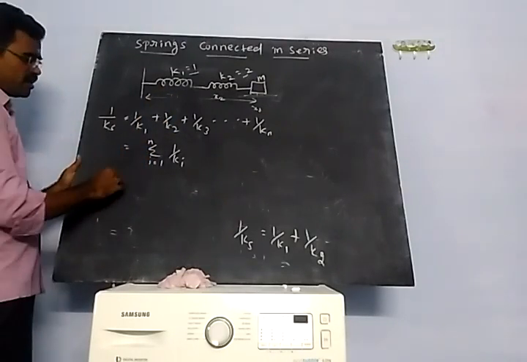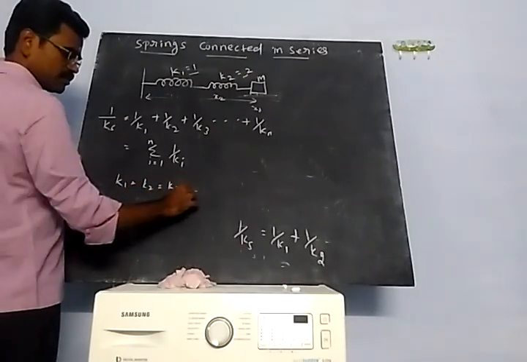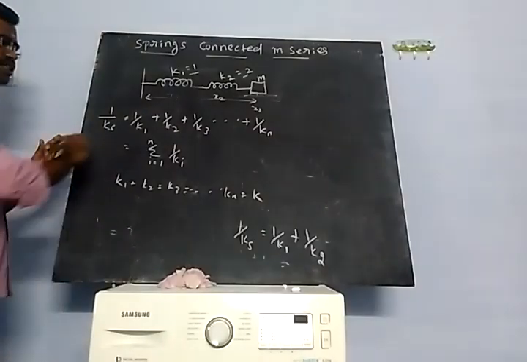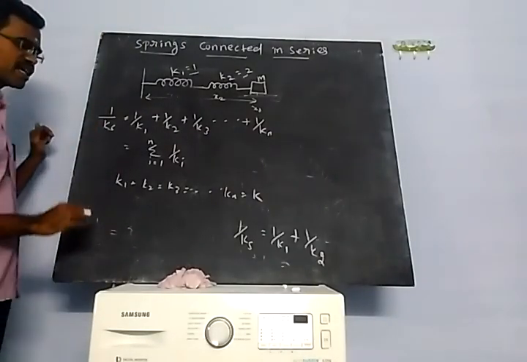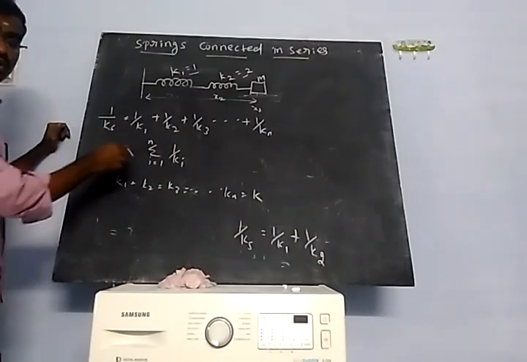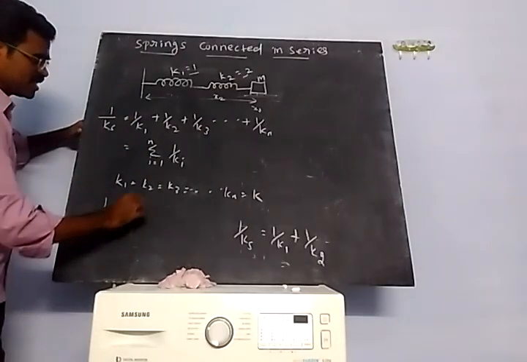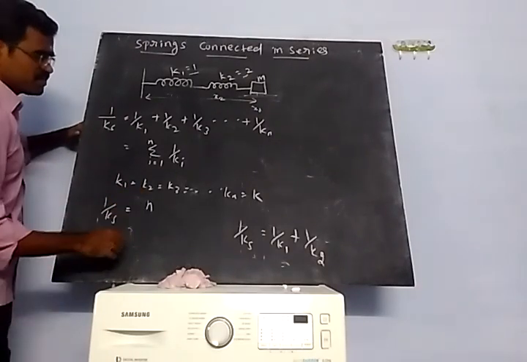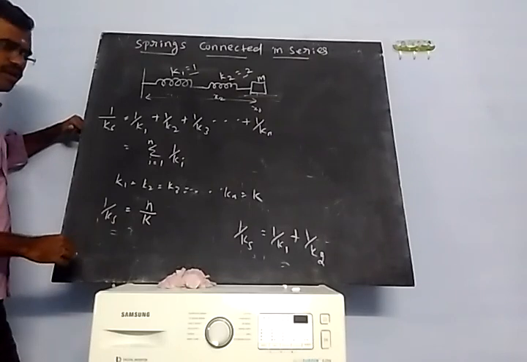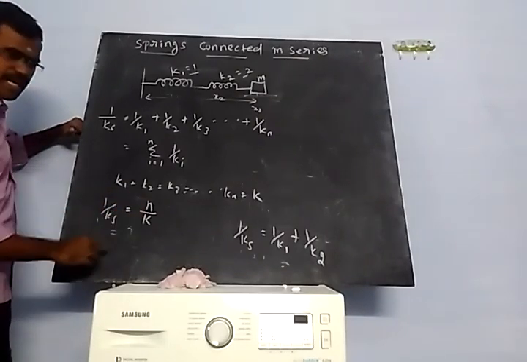Okay, do you understand? Suppose all the values are equal, k1 up to kn is equal to k. All the spring constant values are equal. What is the total spring constant? So 1 by ks is equal to n, the number of springs, divided by k.